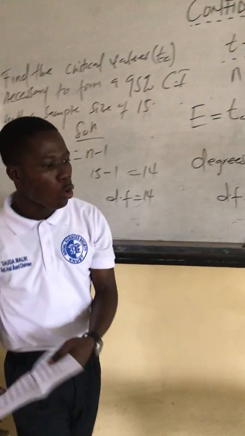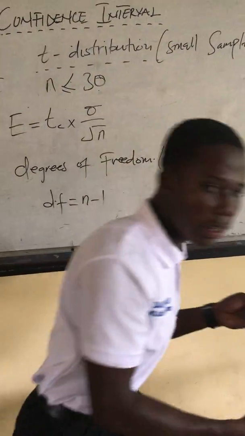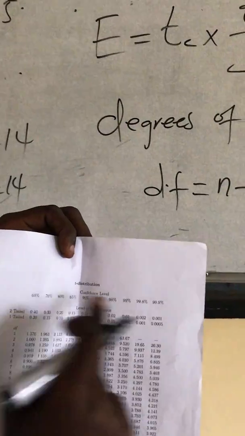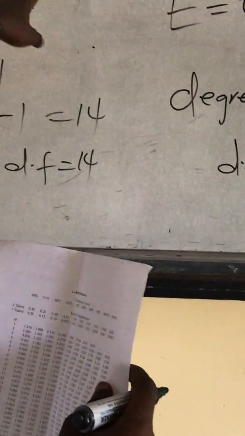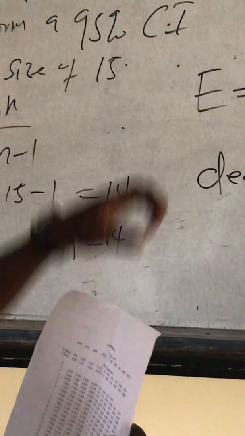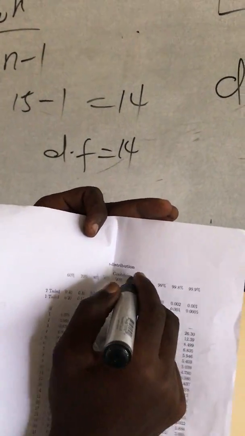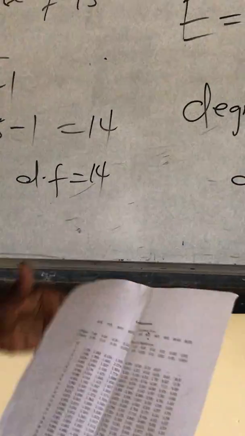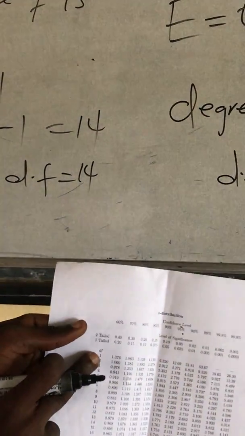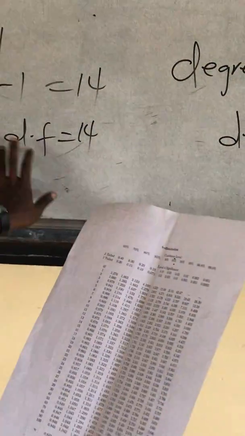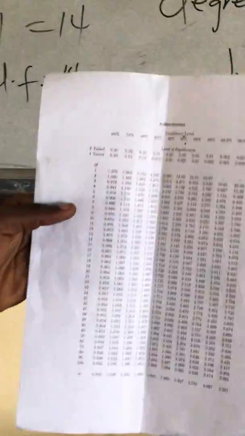So when you look on the T distribution table, we have percentages here from 60 to 99. With the question, the confidence level was 95%, so we have 95% here. That's 95% on this side, and our degrees of freedom, DF, is also on this side. Our degrees of freedom was 14, so 14 is here.